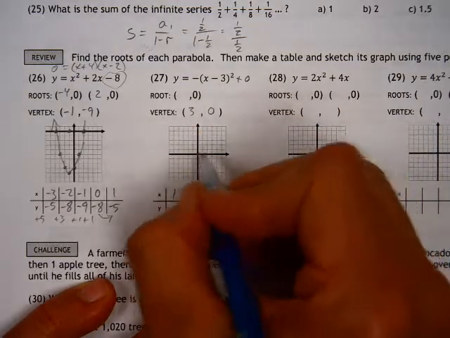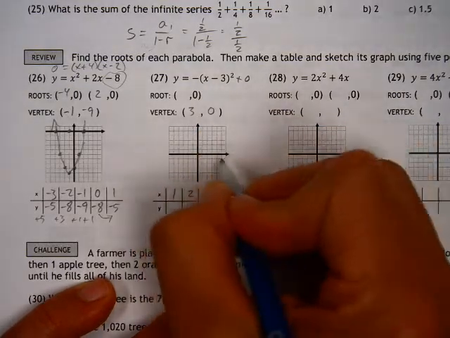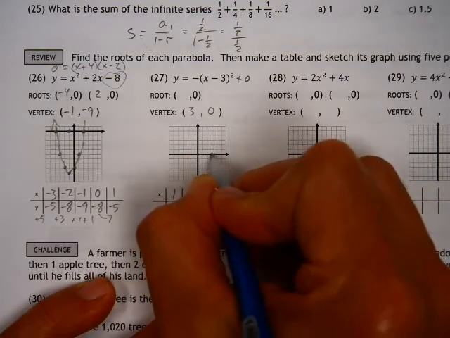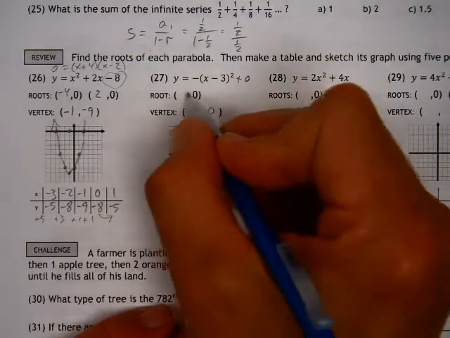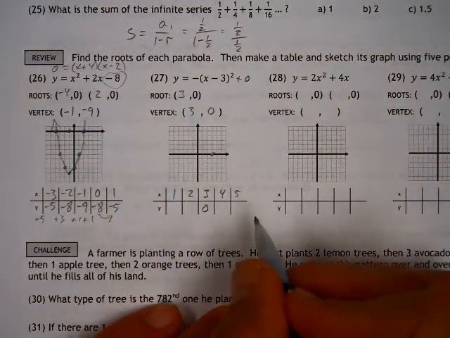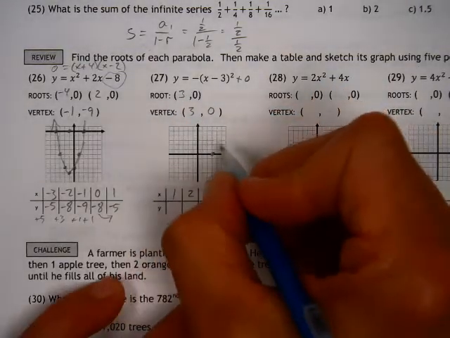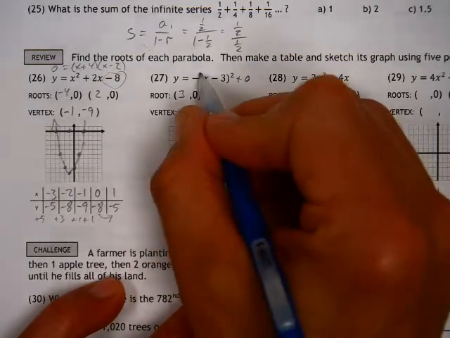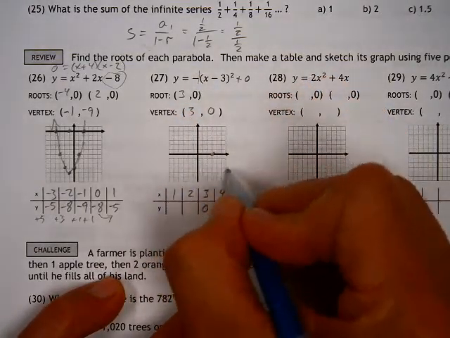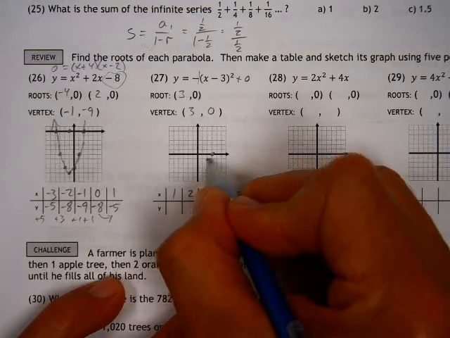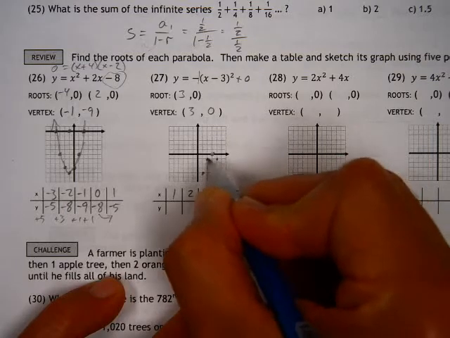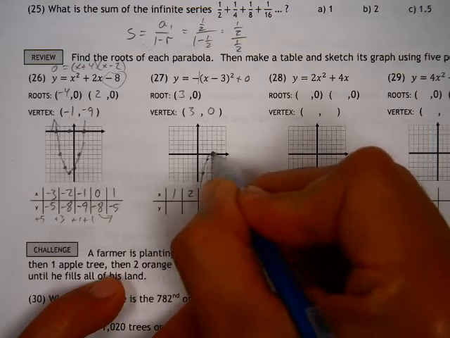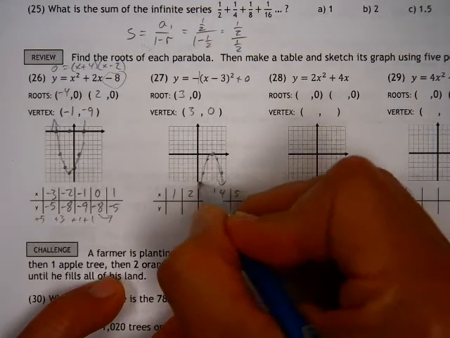Now, you can also say at 3, 0 that we have a vertex that's sitting on the x-axis. So the root is also at 3, 0. It's a case where we have only a single root. And since that's a negative 1, that means that it's going to be opening down, but the stair-step approach, first step is down 1, the next step is down 1, 2, 3, and that's probably the easiest way to get your 5 points.